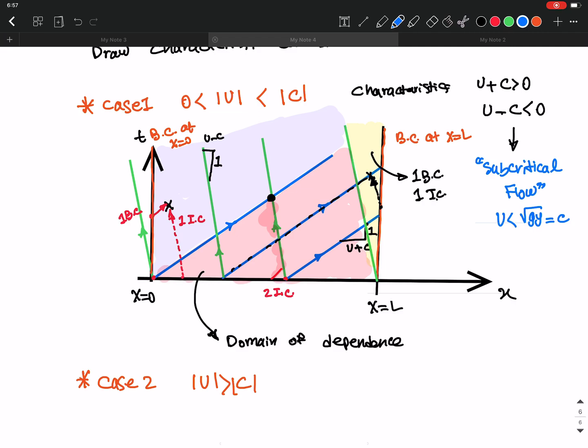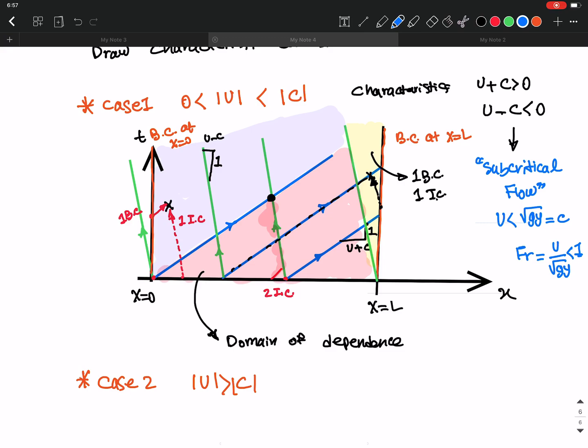And this has some meaning because there is an important dimensionless number in fluid mechanics, which is the Froude number, u over square root of gy. This is when the Froude number is smaller than 1. If you had some hydraulic engineering course in your undergrad, you know what this means.